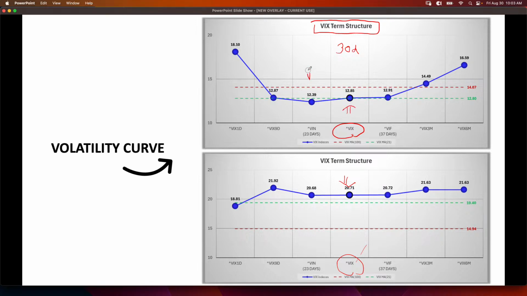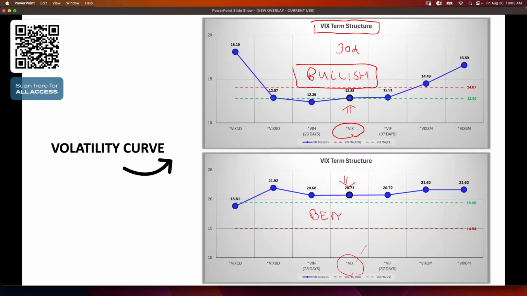So this is bullish. And this here is bearish. Okay? Why? It's the expectation of movement. What is real? What is the risk going on in the market?